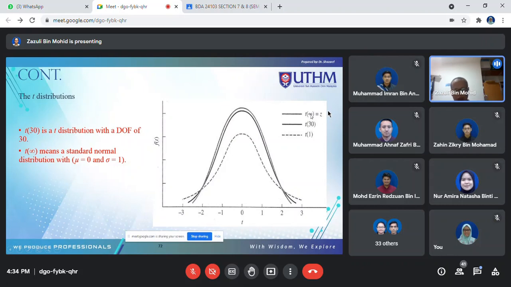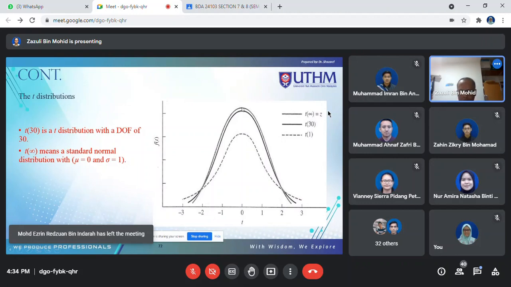What we call infinity, then we have a much higher value here. This is the standard normal distribution, when mu is 0 and the standard deviation is 1. Okay, this is what we call a perfect bell curve distribution. And when the number of samples or number of data is too large, we can assume it as infinity.